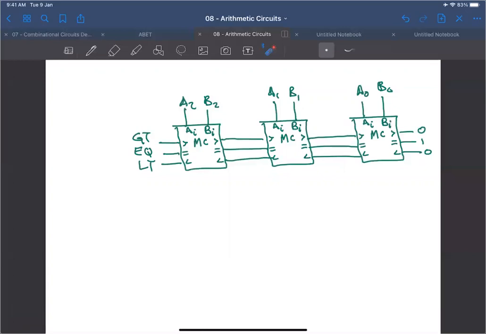We have a 1-bit comparator connected to A0 and B0, and the initial values of greater than, equal, and less than we feed with 0, 1, 0, because we assume that the two numbers are equal. Then we cascade the signals to the next cell with A1 and B1, and then the next cell, A2 and B2, and this is our final output.